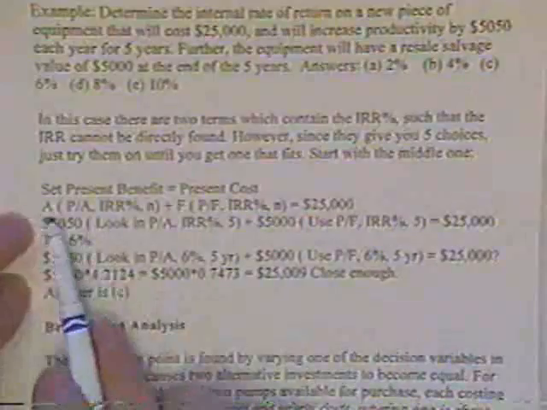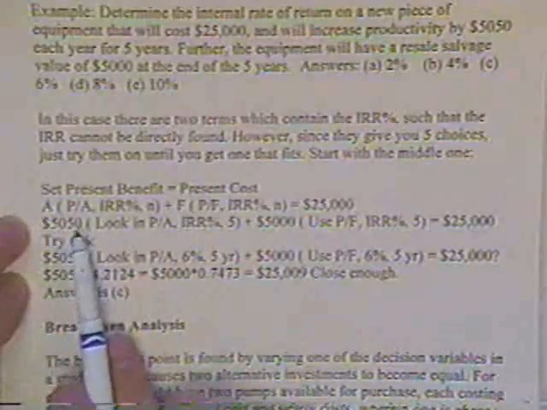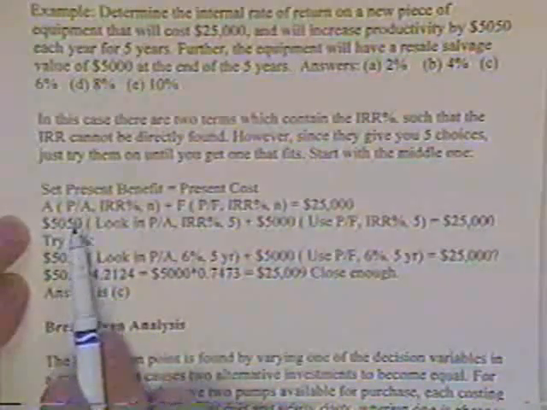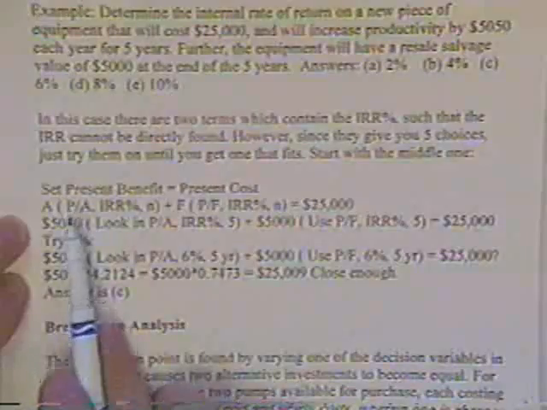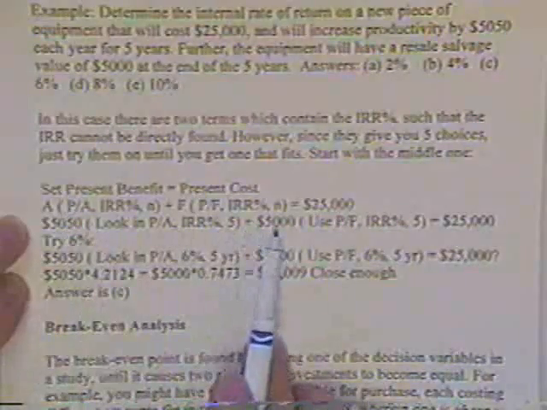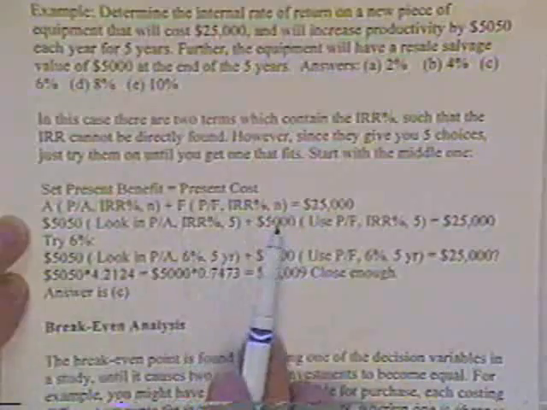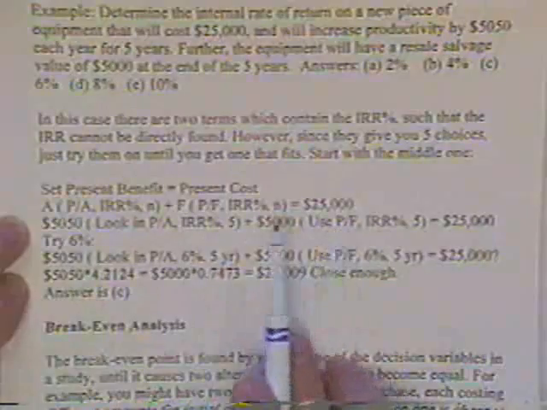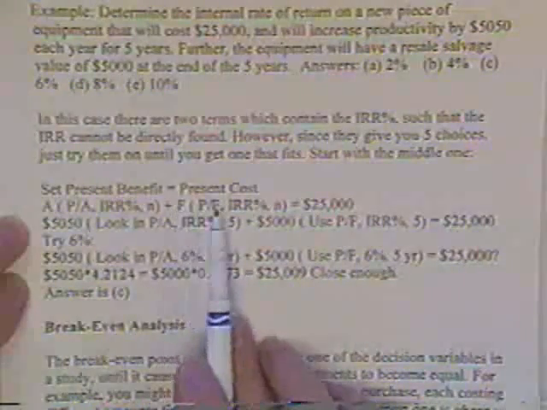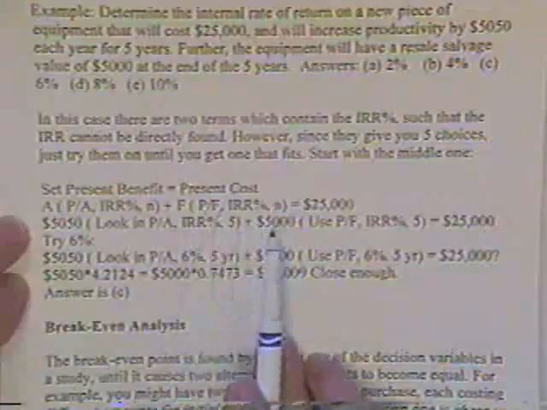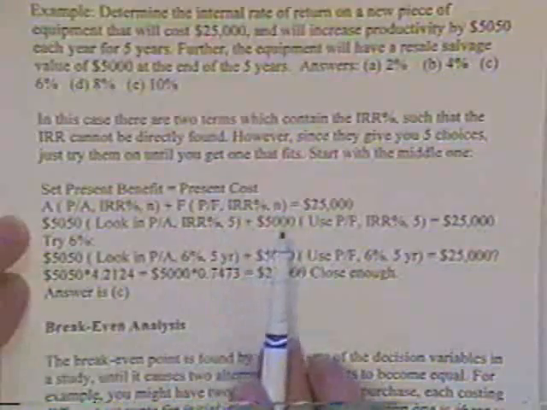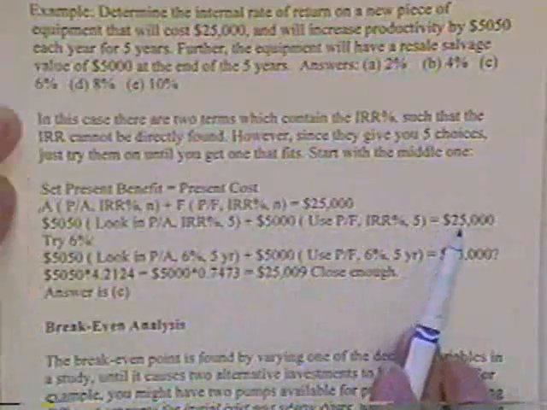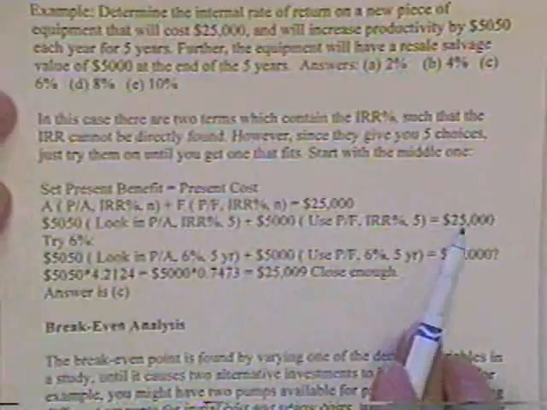So first, since the investment will give us back 5,050 each year for 5 years, we multiply 5,050 times P over A, that's an annual amount changing into a present amount, plus the $5,000 that we'll get at the end of our 5-year investment, and that is P over F. The future value is 5,000 times P over F. The F cancels, giving me the present value of the $5,000 return due to the salvage sale after 5 years, and set that equal to the $25,000 that it's going to cost me.